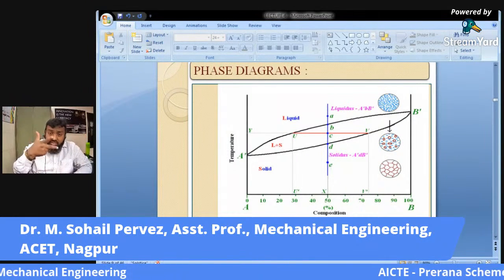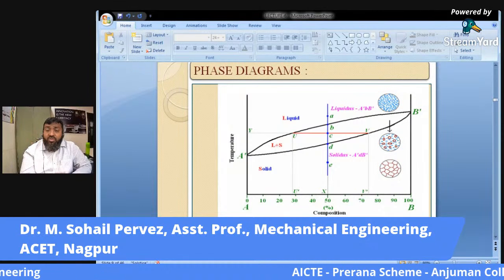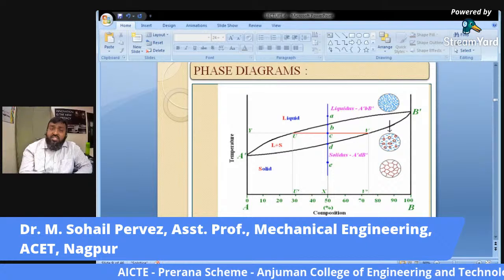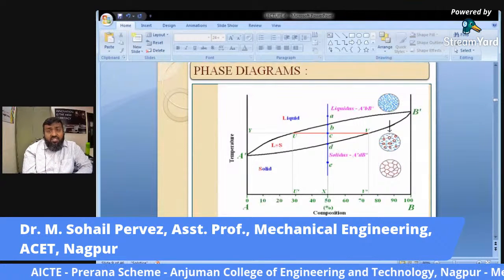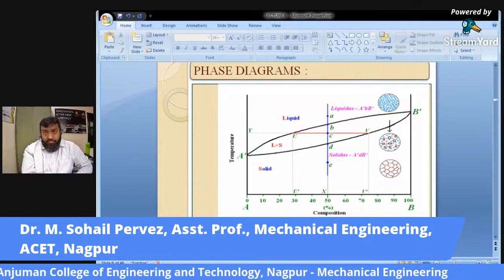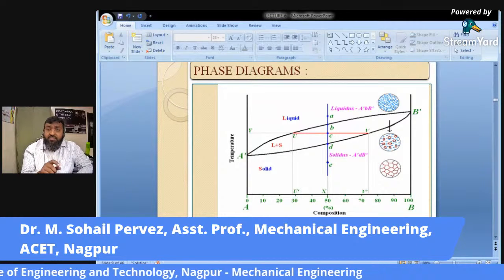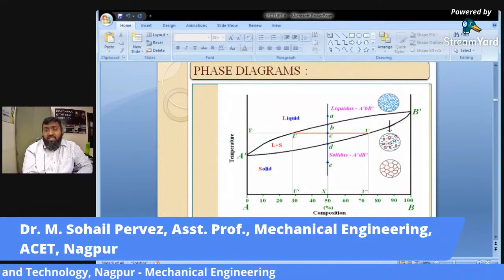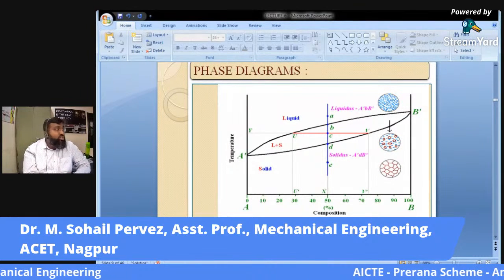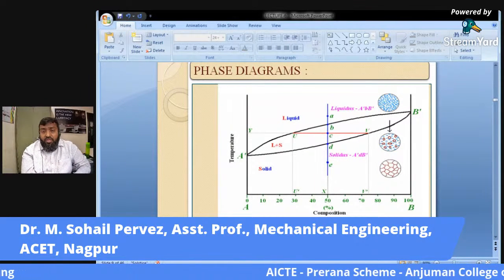But for the sake of simplicity, we have considered pressure at 1 atmosphere, and then the diagram has been simplified into temperature and percentage composition of the elements.